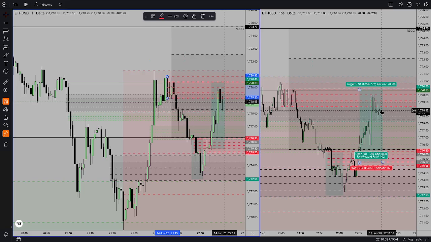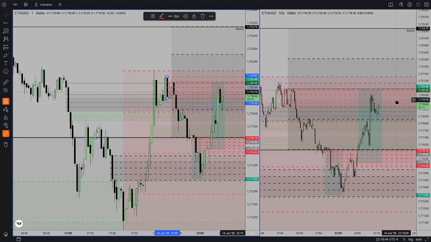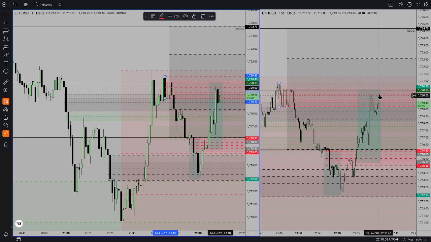Cross that consequent encroachment in the upper quadrant area and try to find support in this particular quadrant area. Ideally, it should cross that, find some support there if it's actually bullish.